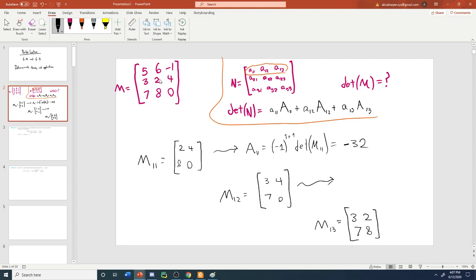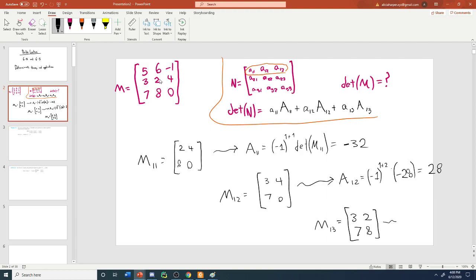Likewise, I can go look at M12 and I can compute its determinant. 3 times 0 minus 4 times 7, which will just give -28. And this time A12 is going to be equal to -1 raised to the 1 plus 2 times -28, which is precisely going to be positive 28.